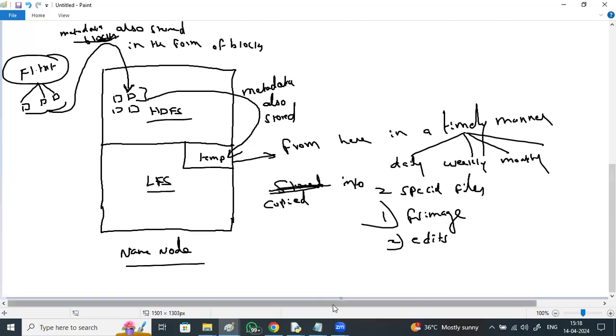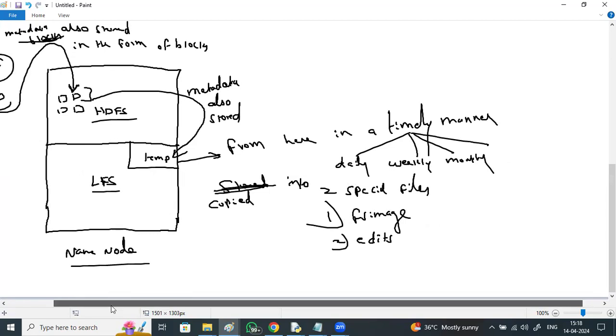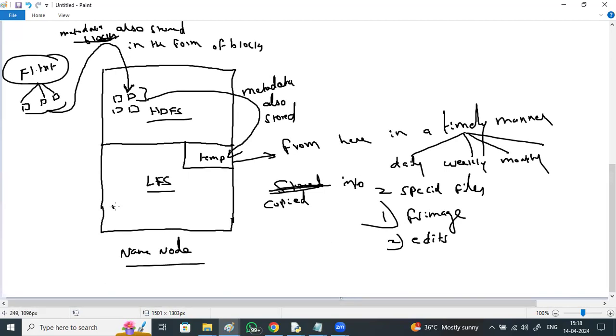Metadata is copied into these two special files, FS image and edits, in a timely manner. This is what is happening within the name node.